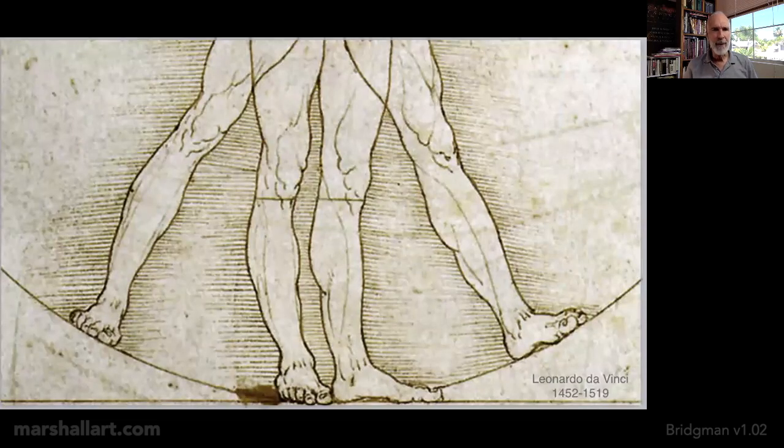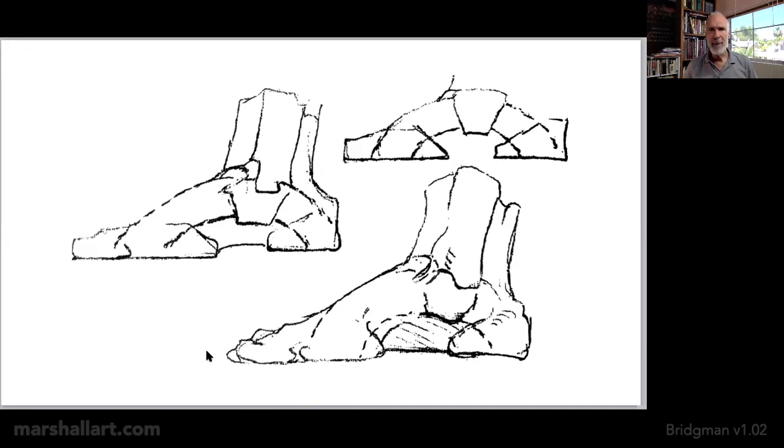But let's look at Bridgman. Bridgman shows us that the lower leg comes down to create an ankle. Our eye is below this. We're looking up at the building. The building is leaning back a little bit. Look how we're looking up at that building, and it's got a little pole with a curve like that.